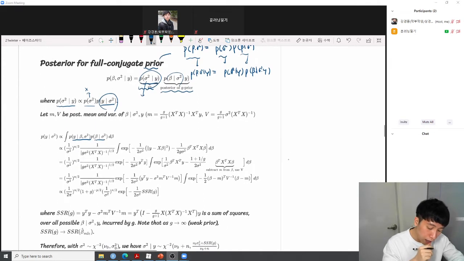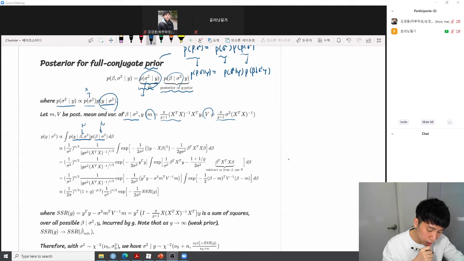If you give a G prior for beta, then we have the posterior with this mean and variance. We're going to say mean to be m and variance to be v, right? And since this one is also normal, and this is a G prior, right?